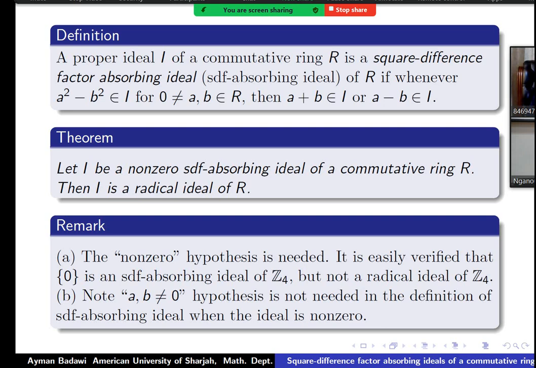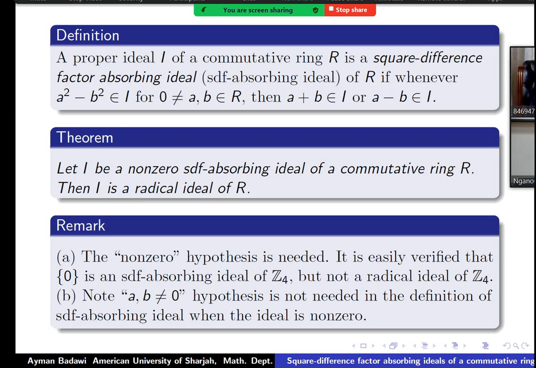So if I is not the zero ideal, then you can remove the condition a, b not equal 0. You only need a and b in R.